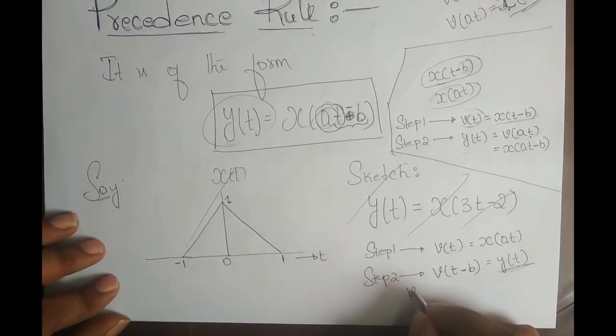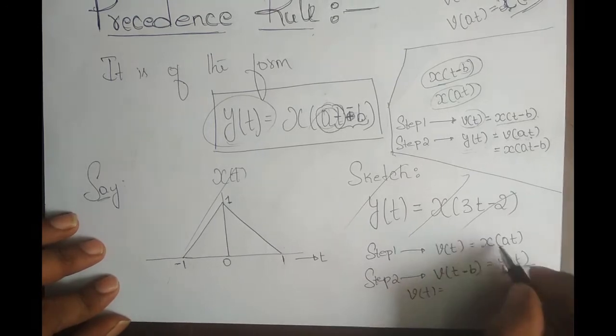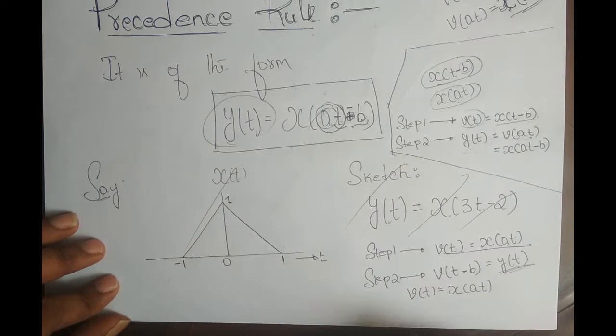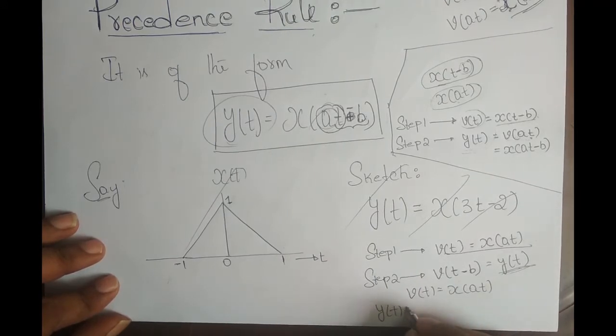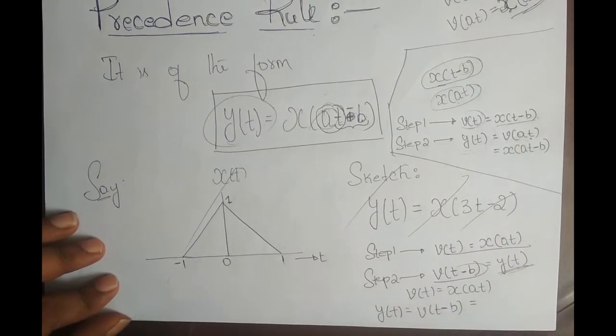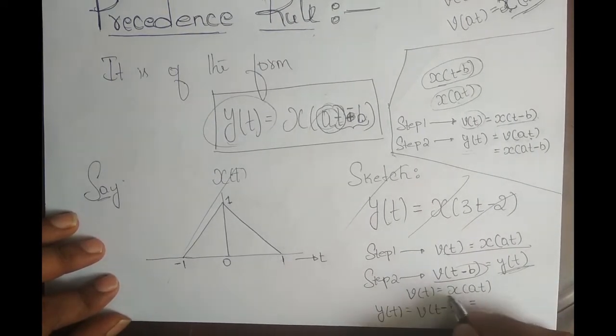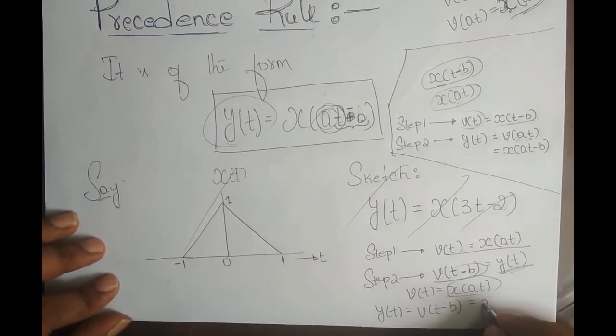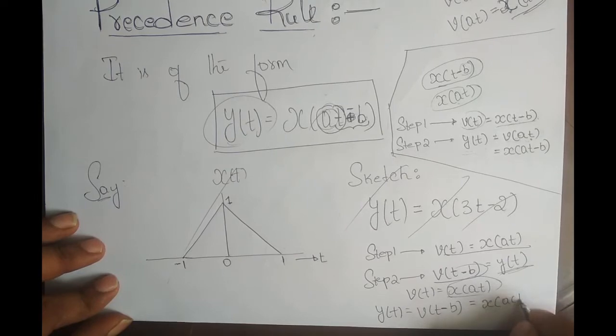Now, what is v of t? v of t is x of a into t. Now what I want is y of t, and what did we call y of t? v of t minus b. Now how do I get v of t minus b? In this equation, wherever t is there, I have to replace it by t minus b. So x of a into t minus b.